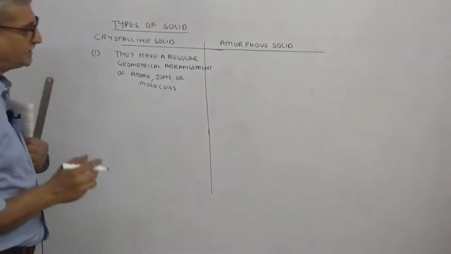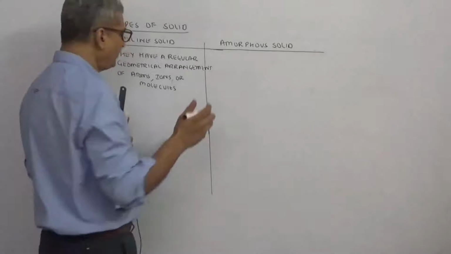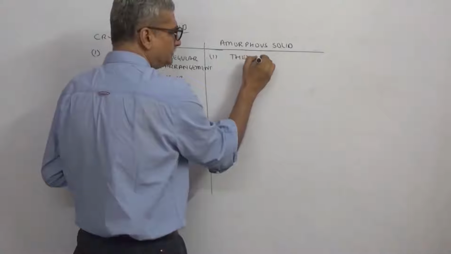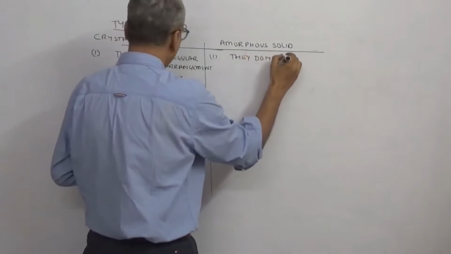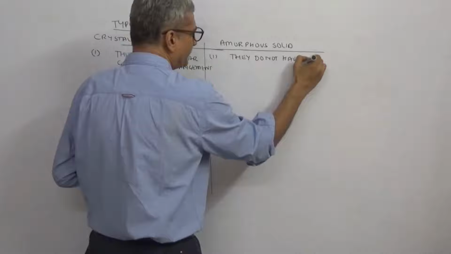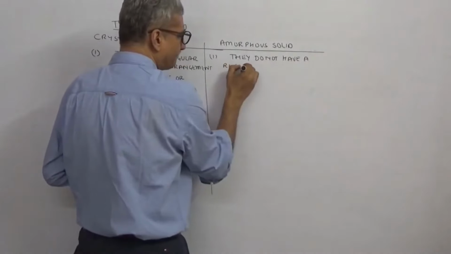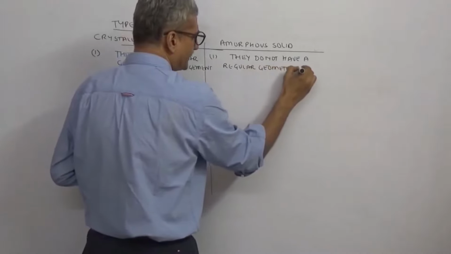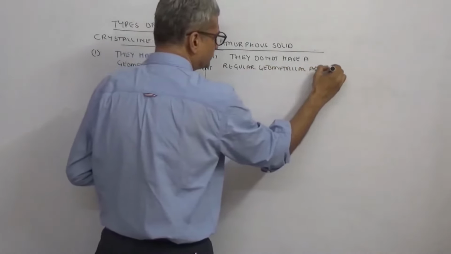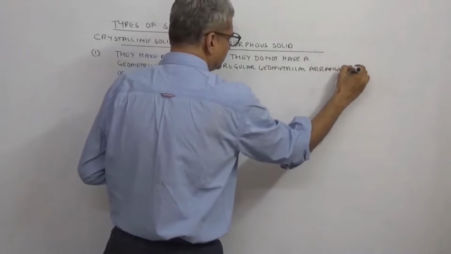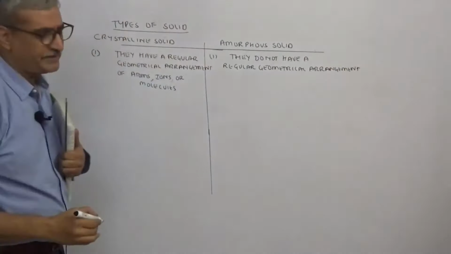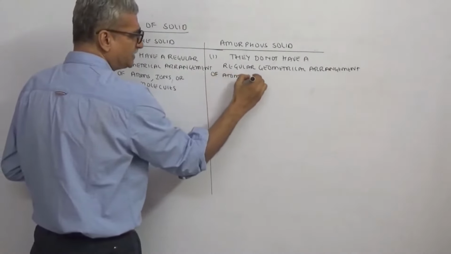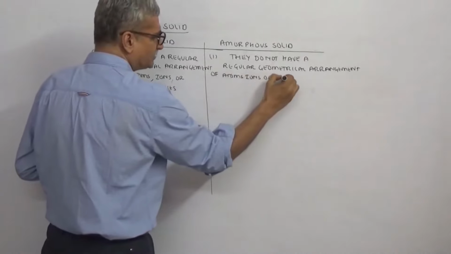Obviously, what happens in an amorphous solid? They do not have a regular geometrical arrangement of atoms, ions or molecules.